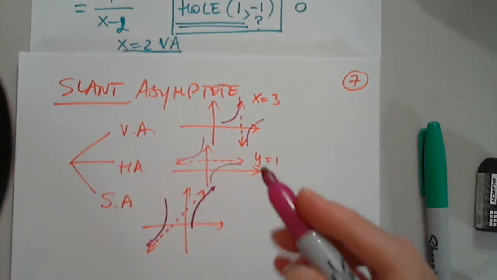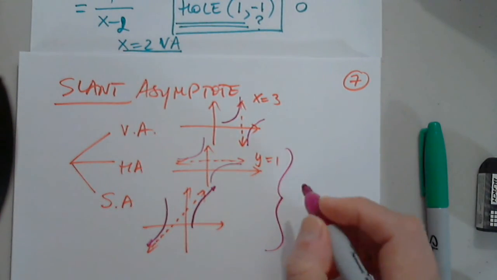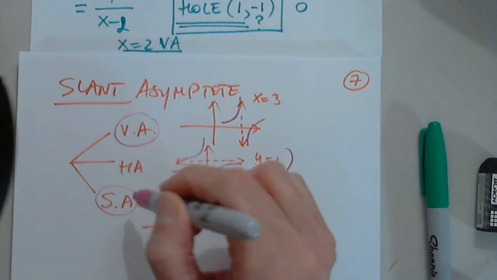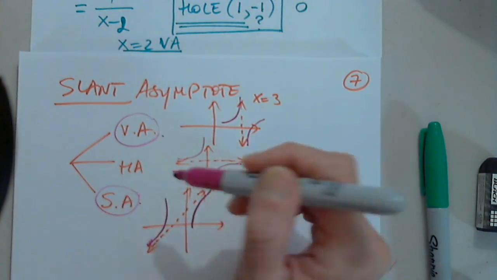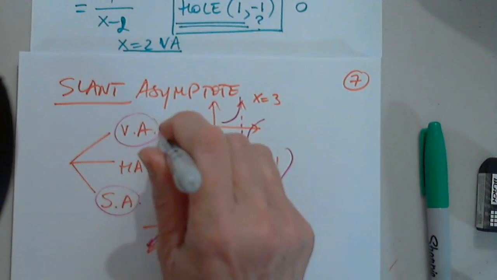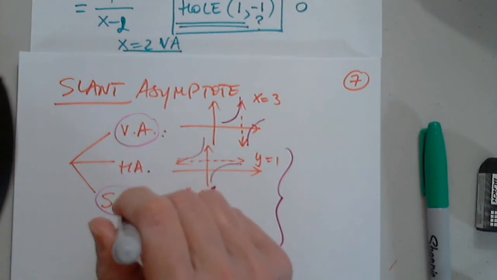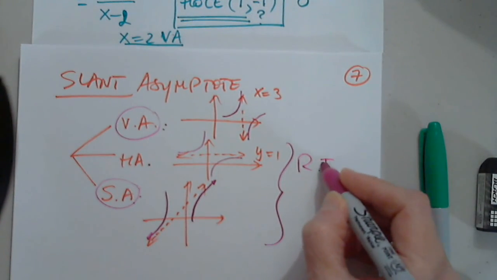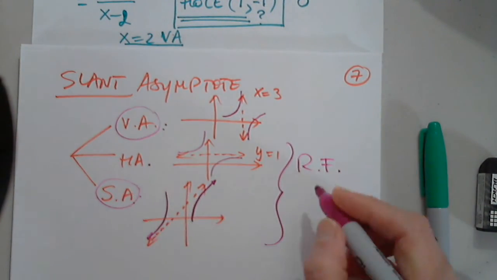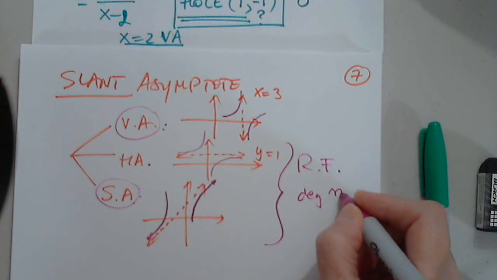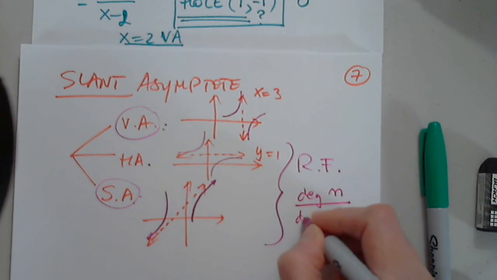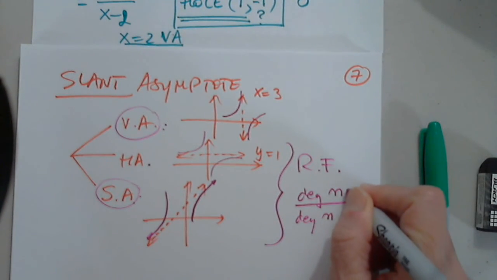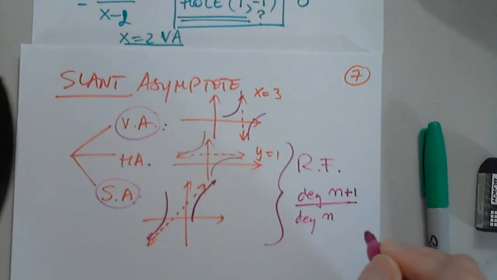Now, no function can have both of these. So I can have a vertical asymptote with slant, or vertical asymptotes with a slant. I can have horizontal with vertical, but never horizontal with slant. So then which rational function has a slant? The one with degree n in the denominator, and n plus 1 in the numerator.